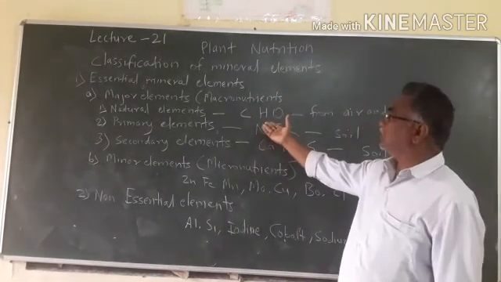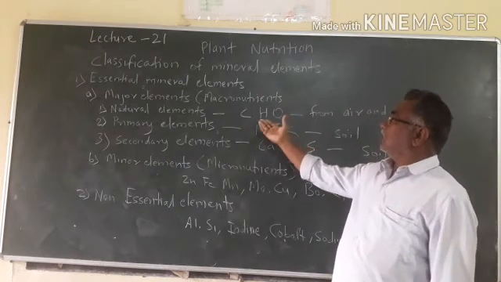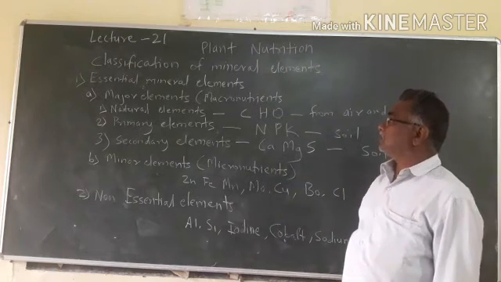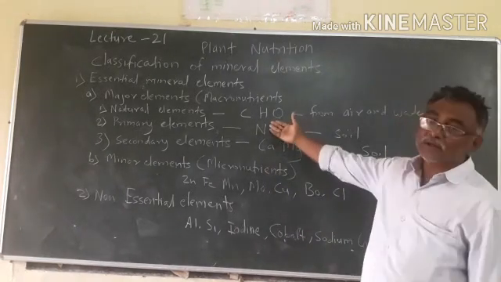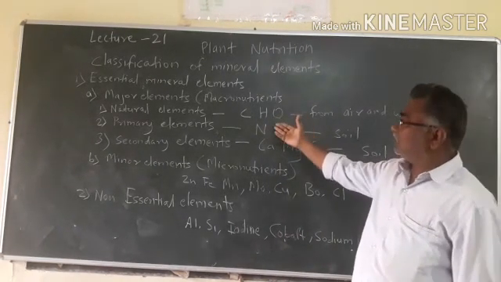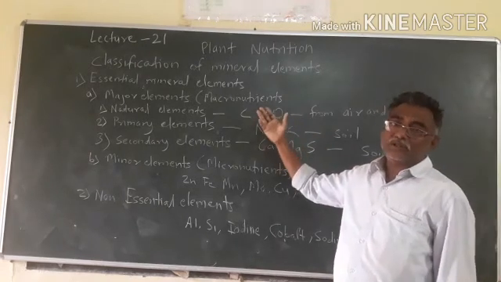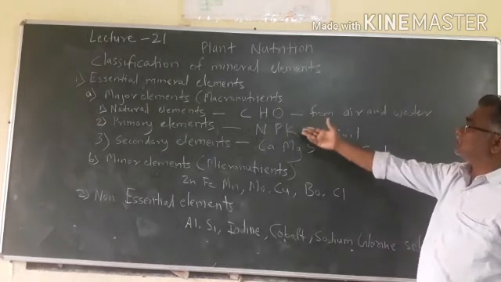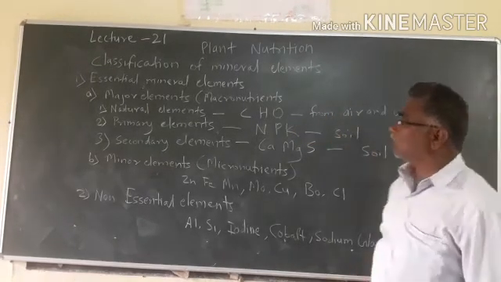These elements are absorbed by the plant and they are abundant in nature. They are in more quantity in nature and we can get these elements from air and water.